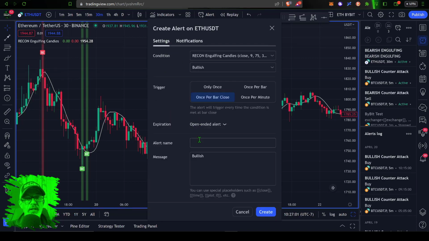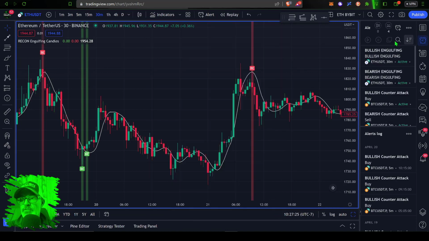So back over here, I can name this alert Bullish Engulfing, and I can just paste that in down here and click create. And now you can see over here I have both bullish and bearish engulfing. And so anytime one of these bullish or bearish engulfing candles prints over on the Ethereum USDT 30-minute chart for Binance, I will get an alert pop up on the screen, and I'll also get an email.